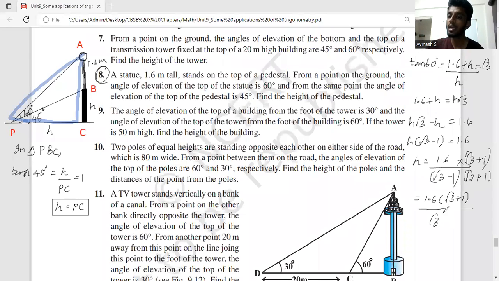Now this will be a squared minus b squared. So this becomes 1.6 into root 3 plus 1 divided by root 3 squared is 3 and 1 squared is 1. So 3 minus 1 will be 2 and it gets cancelled 8 times, but there is a decimal, so we place 0.8. The final answer is 0.8 into root 3 plus 1 meters, and this is the height of the pedestal.